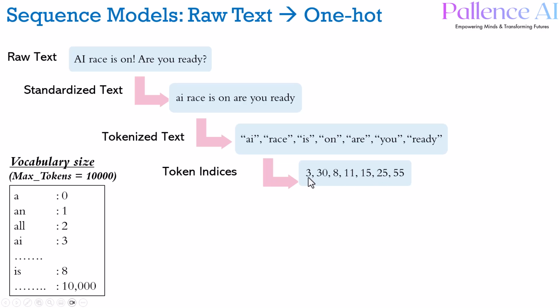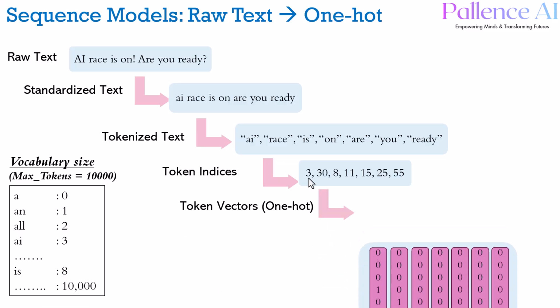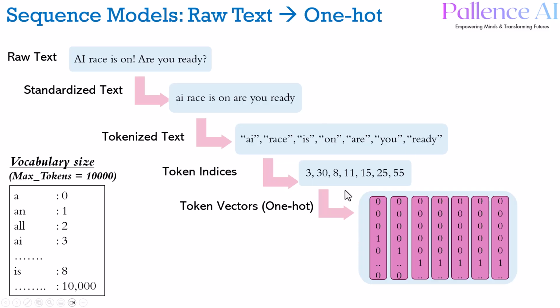Now the next step is you take these token indices and you map each token, converting it into a one hot vector. So what is a one hot vector? One hot vectors look something like this. For example, take this 3. In the overall vocabulary, the word AI has its position, its index, as 3. You see here 0, 1, 2, 3.